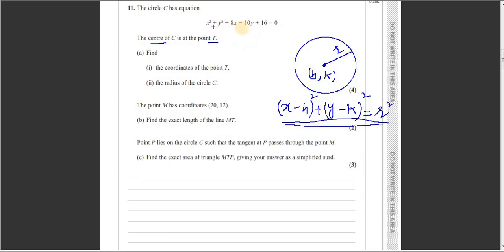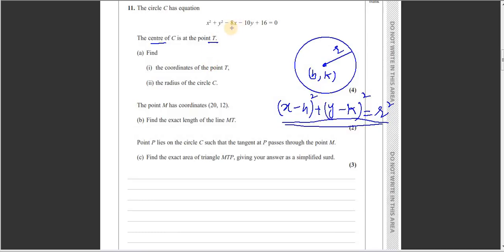They give you the equation in this form, meaning x² and its linear term, y² and the linear term of y, and we need to find the coordinates of the center. So what do we need to do?